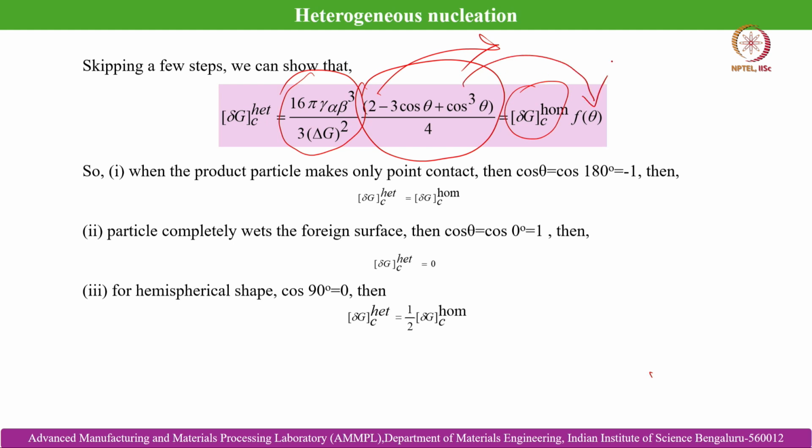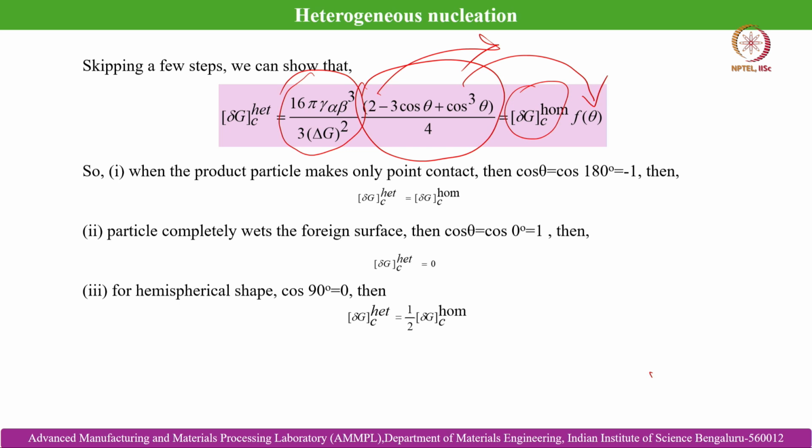Now it is based on the wettability of the product particle. When the product particle makes only point contact with the foreign inclusion or even the mold wall, then cos theta is equal to cos 180 degrees, which is minus 1.